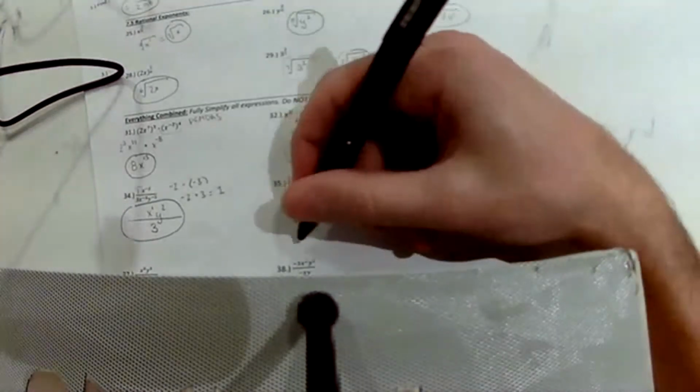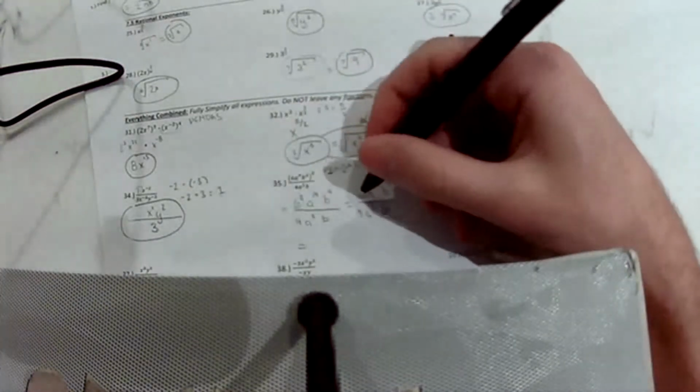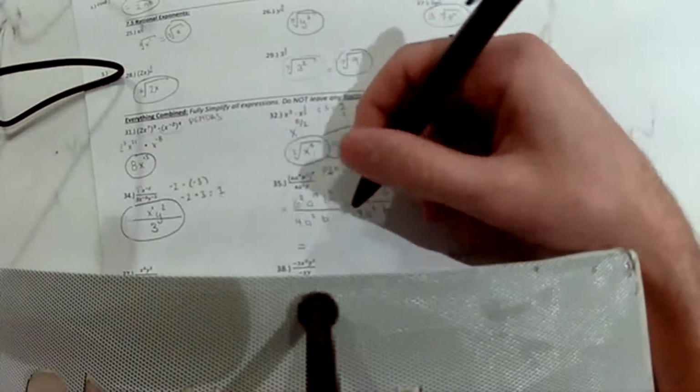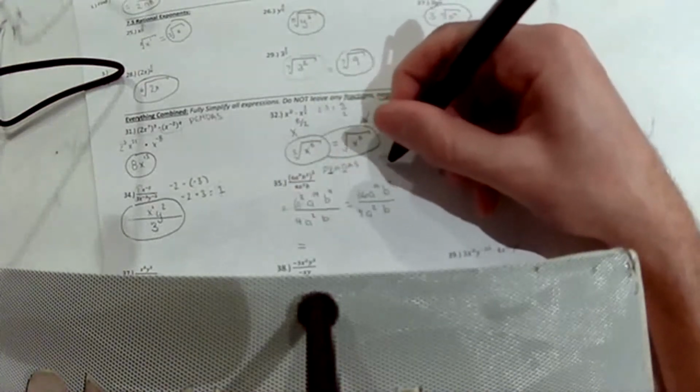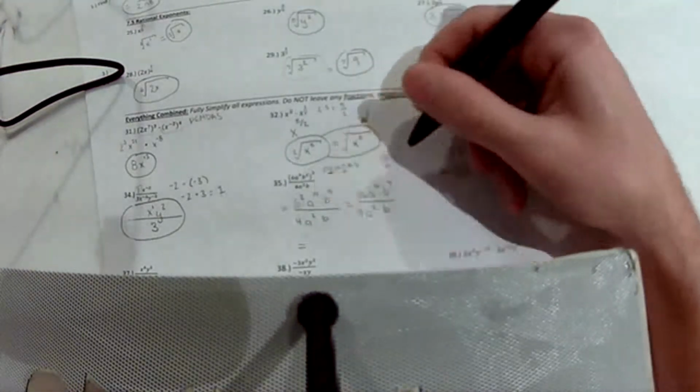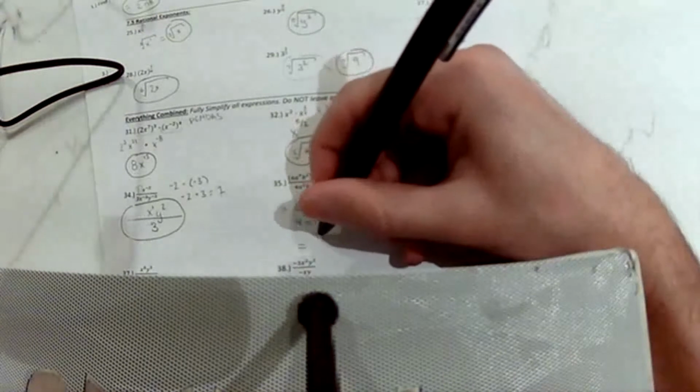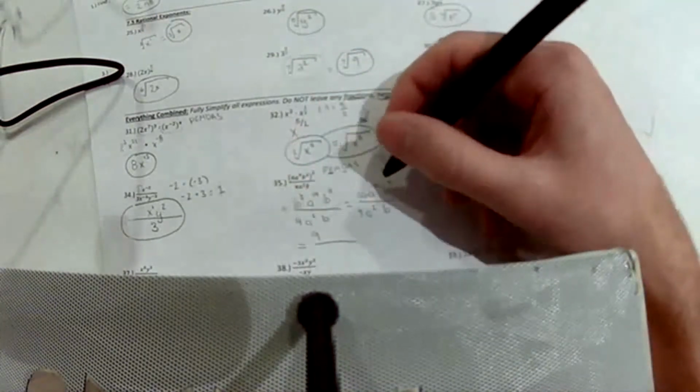Okay, and now you can do the division just like you were doing on the front page. So this says 36 divided by 4. 36 over 4 is 9 over 1. Just because 36 divided by 4, that's 9.